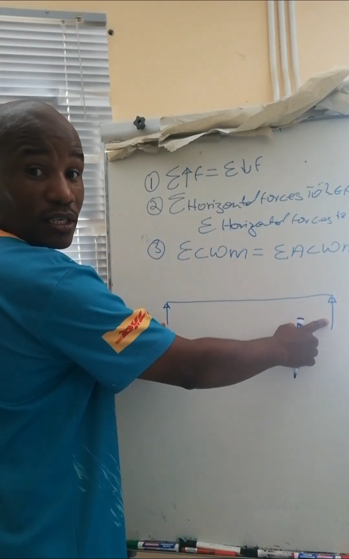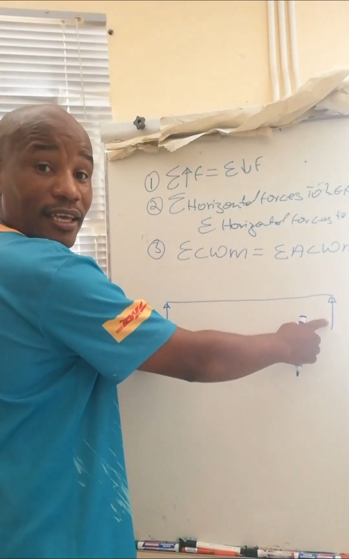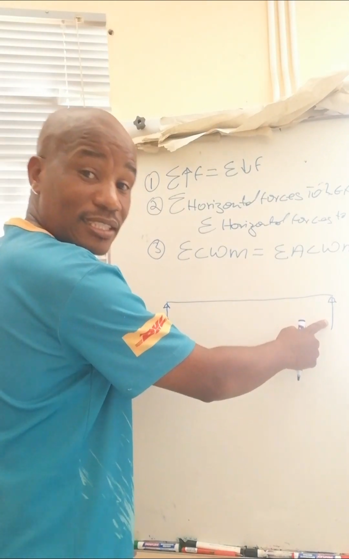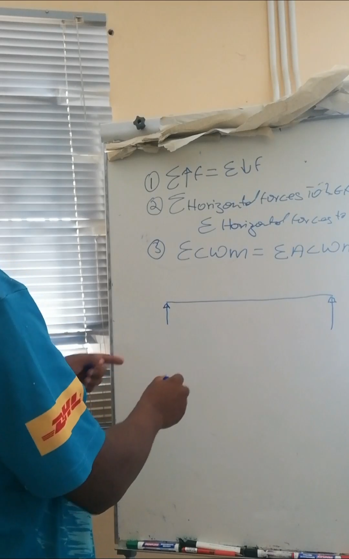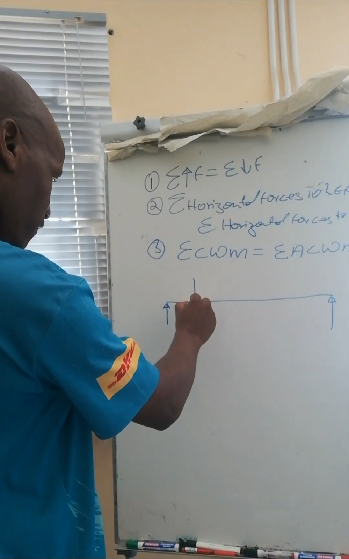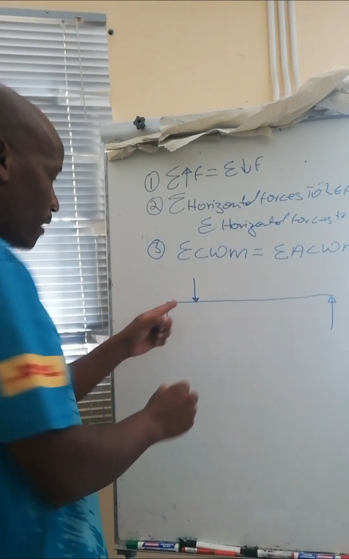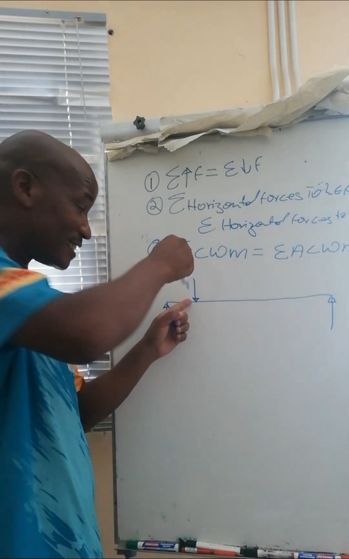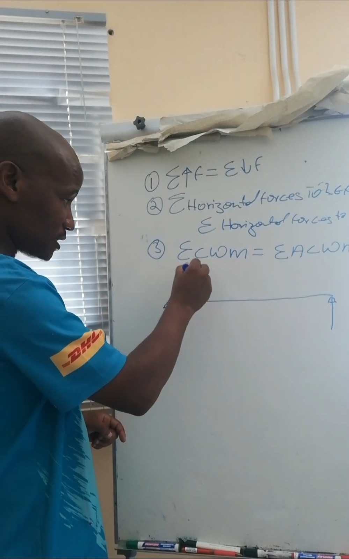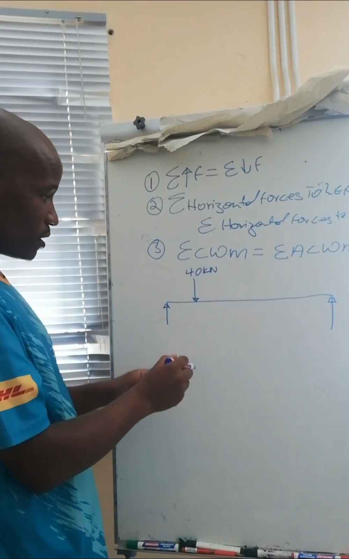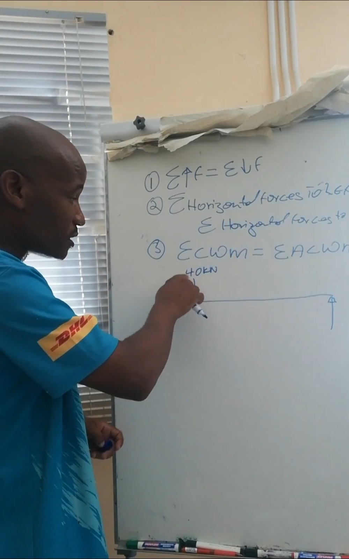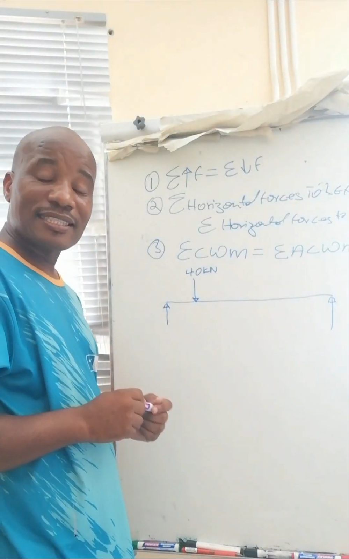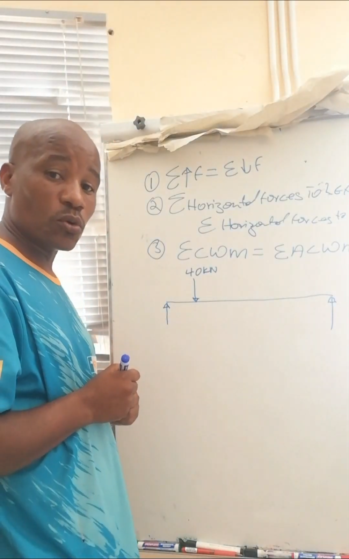These are supports, normally referred to in the exam as the reactional supports. And let's say we have a force here, acting downwards, let's say 40 kilonewton.